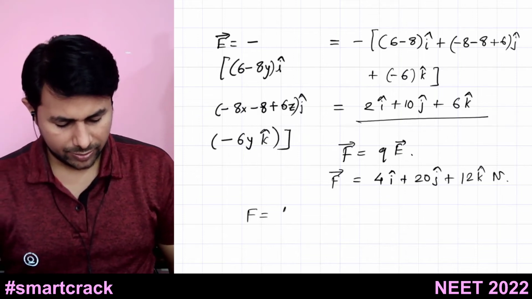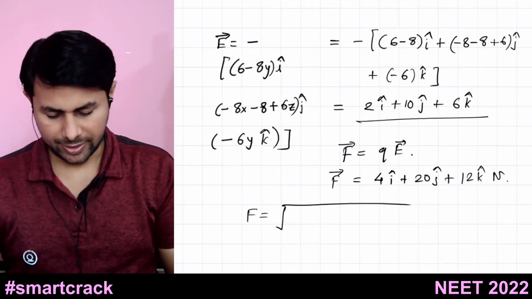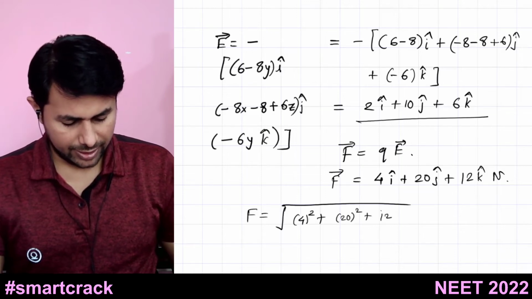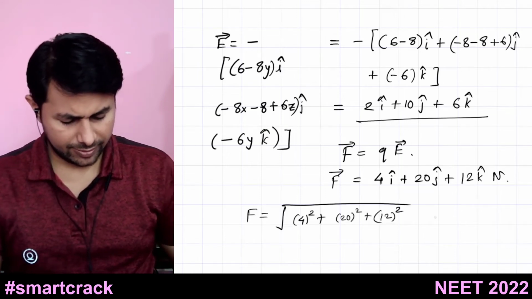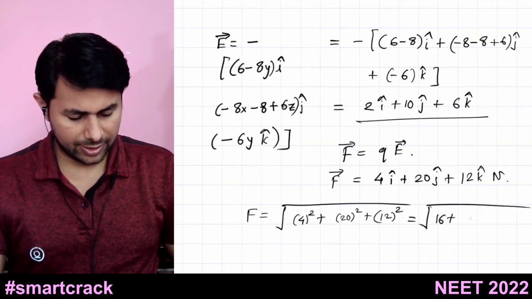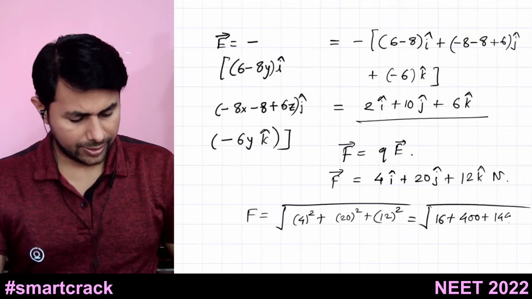So F equals square root of fx square plus fy square plus fz square. So that is 4 square plus 20 square plus 12 square. So it is 16 plus 20 square is 400, plus 12 square is 144.